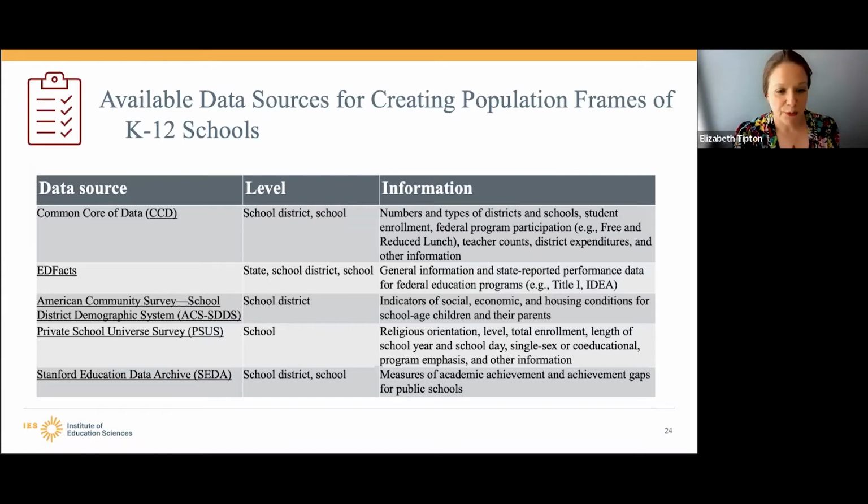If you're interested in private schools, there's a Private School Universe survey that also is updated. And if you're interested in measures of achievement, which are not available in any of these other data sets, the Stanford Education Data Archive, SEDA, provides in many cases school level information about achievement and achievement gaps.